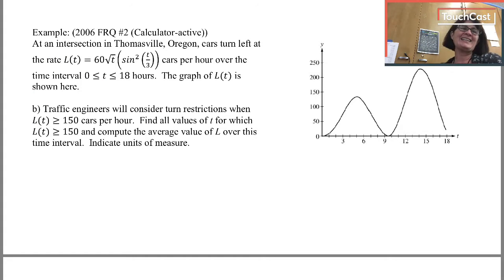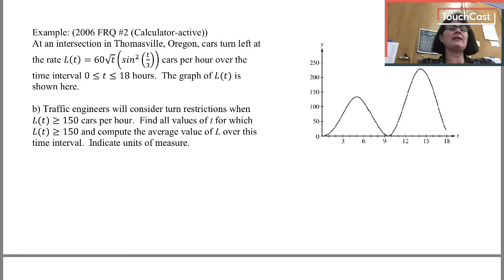So here we have a picture of L of t. It's a function that tells me how many cars make a left-hand turn at an intersection over some time that they've collected that data for. So the first part of this question: traffic engineers will consider turn restrictions when L of t is greater than or equal to 150 cars per hour. Find all values of t for which L of t is greater than or equal to 150.